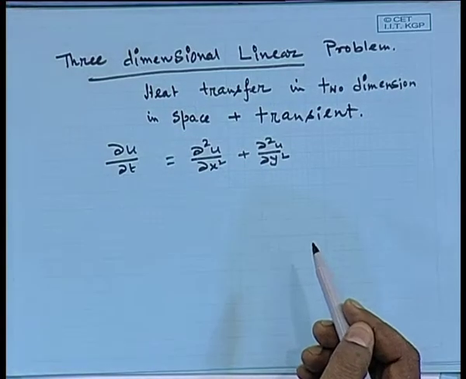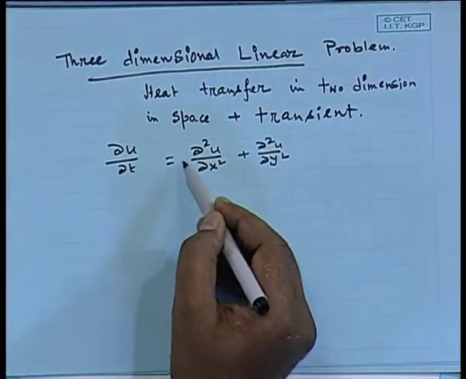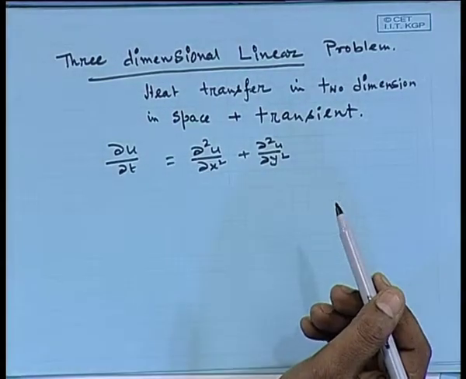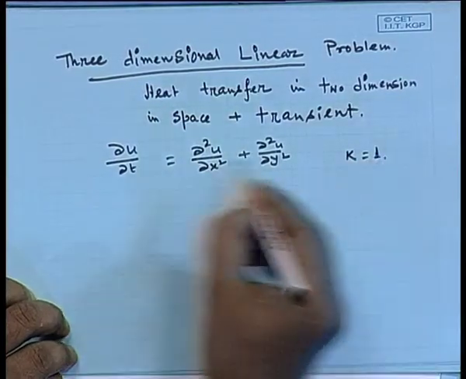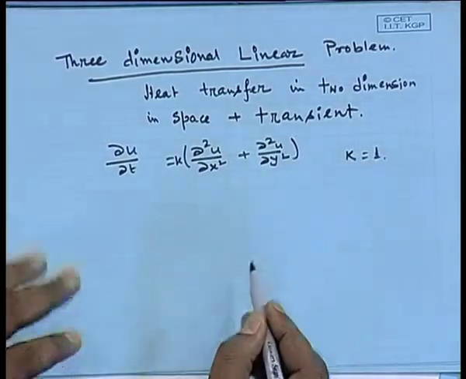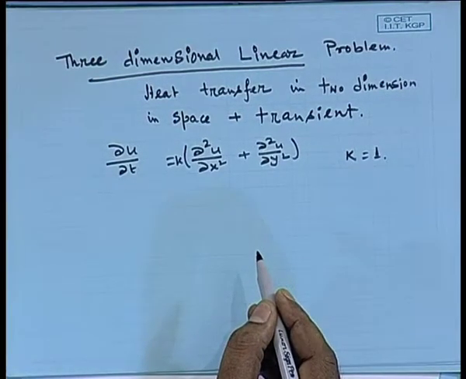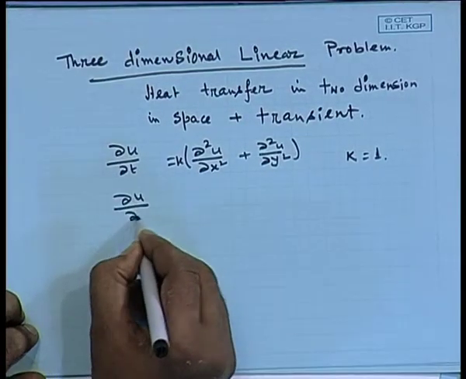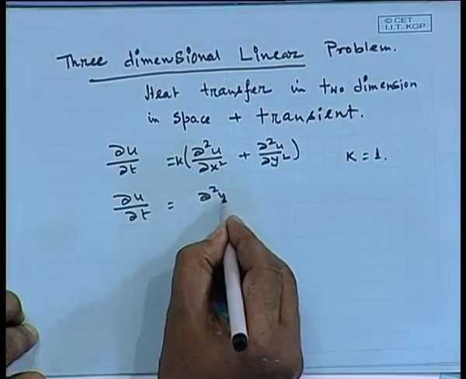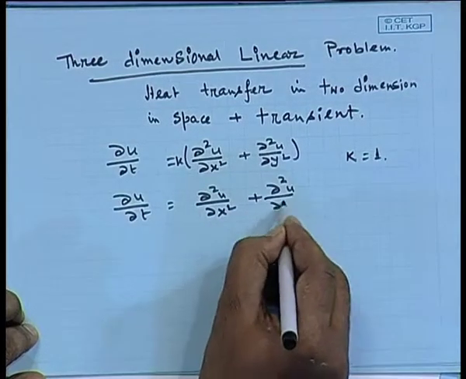Z dimension is too long, so all the variations with respect to z etc. will be gone. So, there will be some constant associated here. So, it does not matter. I am taking that constant to be 1, there will be some constant multiplied here, corresponding to thermal diffusivity, that we have already done previously. So, let us consider k is equal to 1. So, that equation becomes del u del t is equal to del square u del x square plus del square u del y square.